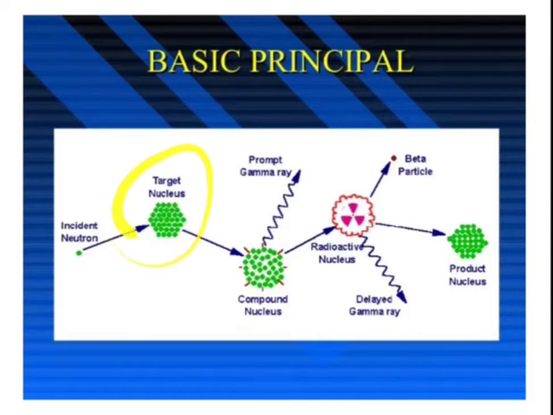So from the target nuclei we can form a product nuclei, but in between, these reactions will occur. The target nuclei will be converted into compound nuclei after absorbing the neutron, then there is immediate emission of the gamma ray, which is called a prompt gamma ray, and then there is a formation of a radionuclide from the compound nuclei.